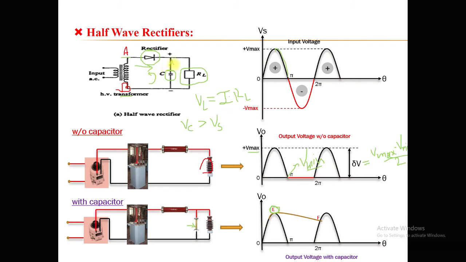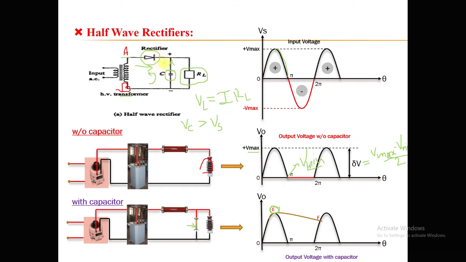So this will be the direction of the current. Now the capacitor will supply the current. Why? Because as the capacitor voltage is more than the supply voltage, this diode comes into a reverse bias condition and acts as an open switch.